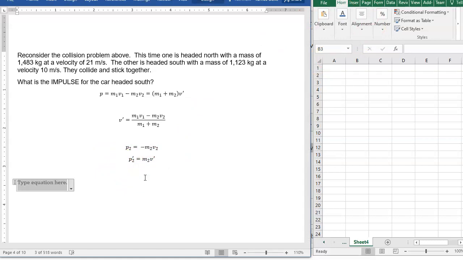And what we're after is the impulse, which is going to be equal to the change in momentum, which is going to be P2 prime minus P2, which in this case is M2 V prime minus a minus M2 V2, which is M2 V prime plus M2 V2.